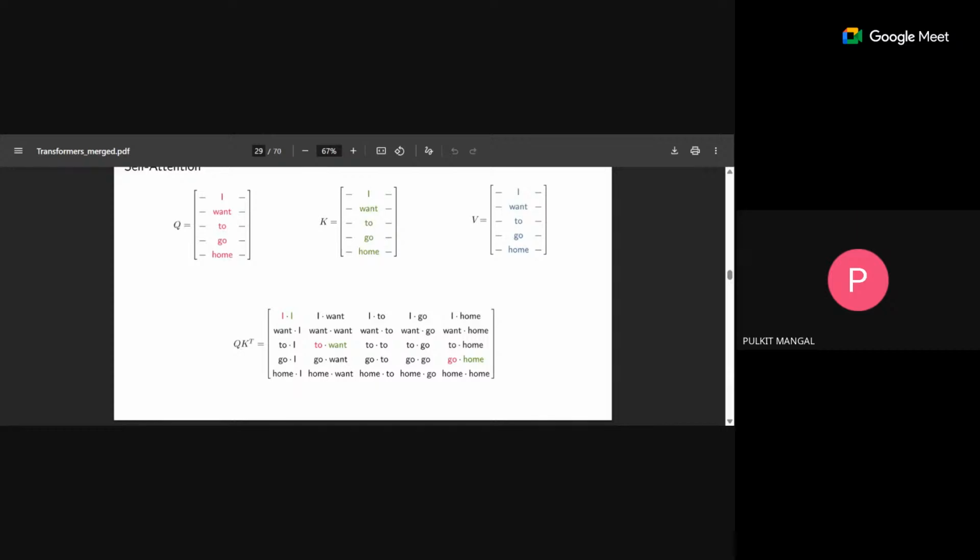When you apply softmax on top of this, the softmax is done row-wise, because this row is the query for my first word. The query part remains constant, and we vary over the key part, row-wise. So softmax is applied on this row, and on this row, and so on.